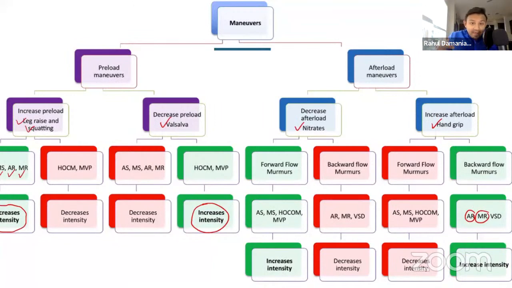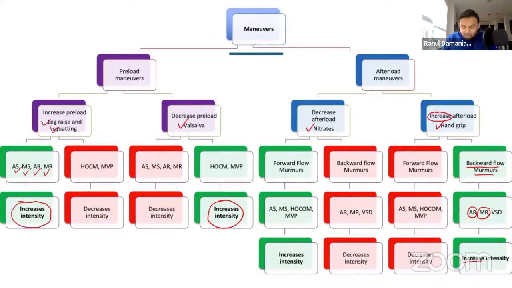So anytime you are going to increase your afterload and make the aorta very, very tight, that blood is going to regurgitate more from the aorta back to the left ventricle. And so that's why when you're talking about backward flow murmurs, they are going to increase in intensity when you increase the afterload.